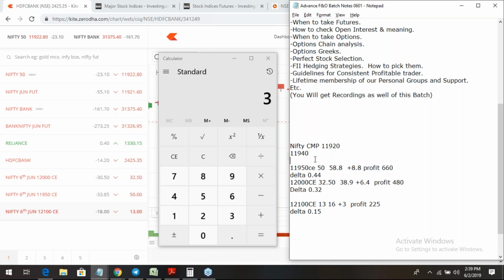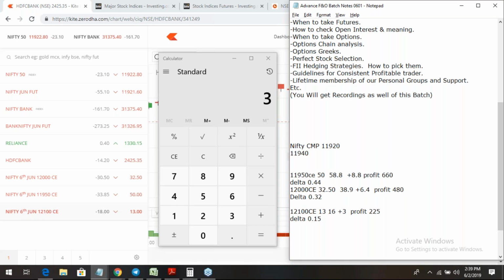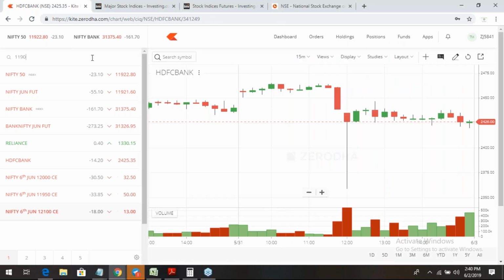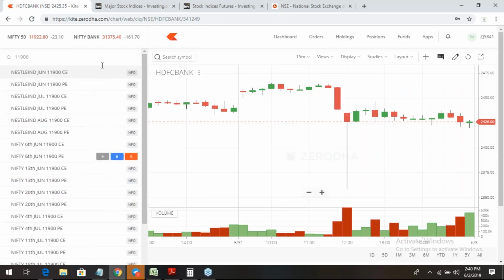Now you tell me if you buy the Nifty 11,900 call, what is delta? Tell me quickly. Delta rate and premium rate. 11,900 call.